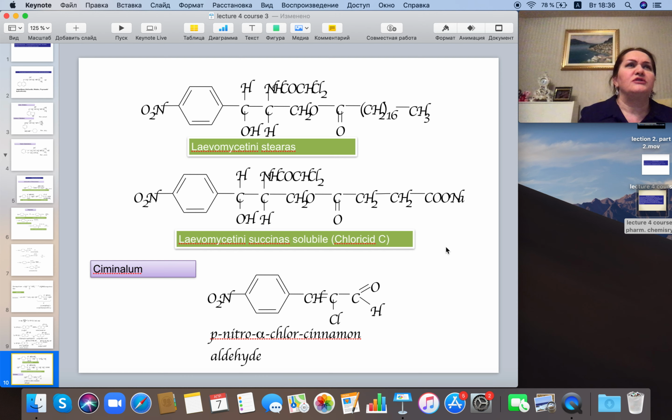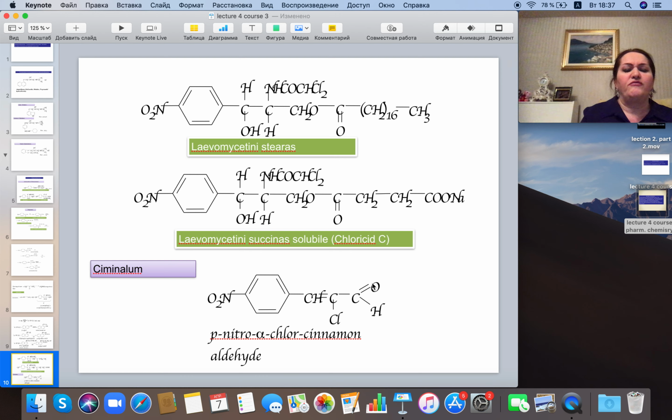Levomycetin is used in medicine as an antibiotic against gram-positive and gram-negative bacteria, and has antiseptic properties. The other preparation, synthomycin, is also used like levomycetin, and also belongs to the nitrophenyl group, has nitrophenyl alkyl groups, but has aldehyde groups in the structure.